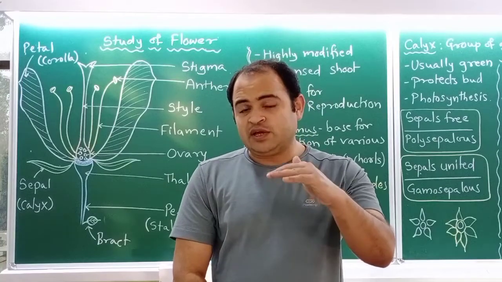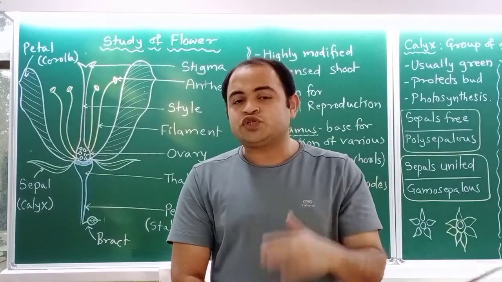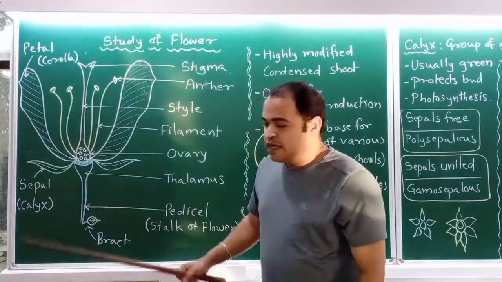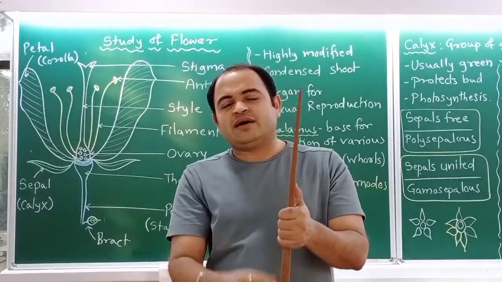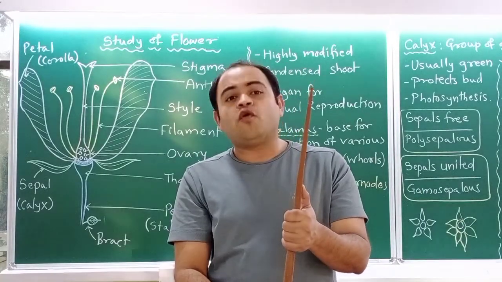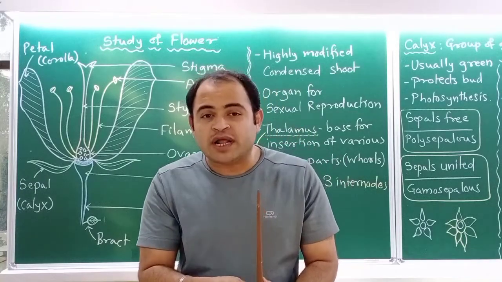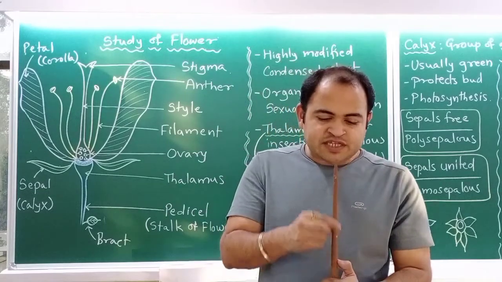But let me tell you, whatever the things are present below thalamus, we need to understand first. This particular thalamus is put on a stalk-like structure. So that stalk-like structure is called pedicel.